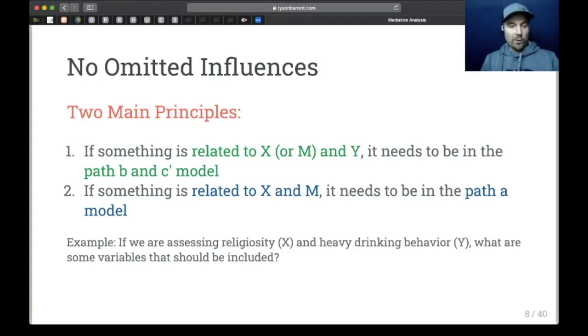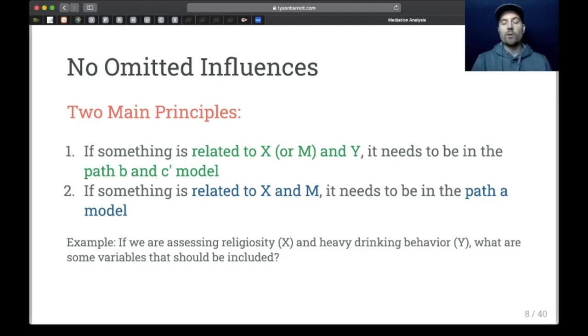Something like an example to consider, if we were assessing religiosity, that's our X, and heavy drinking behavior, Y, what might be some variables that should be included? What are some things that may be related to religiosity and heavy drinking behavior?